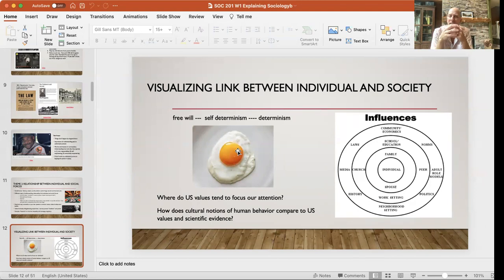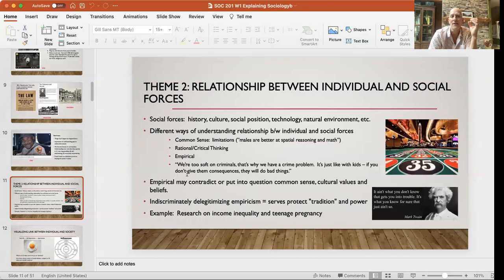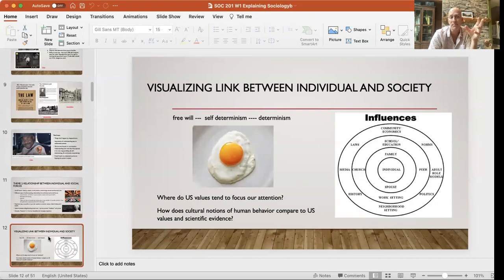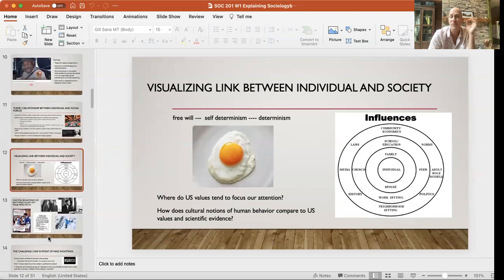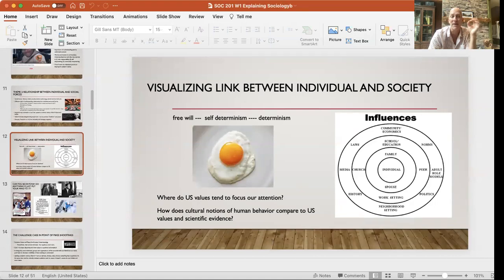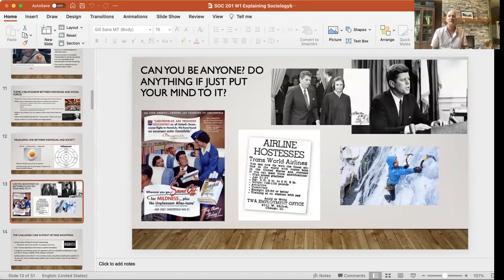So in the situation of crime, or going back to teenage pregnancy, how big is the egg yolk and how big is the egg white? To me, that's a more valuable question than putting it all on free will, which would just oversimplify a more complicated issue of human behavior. It's the ability to engage in thinking about the relationship between individuals and society.